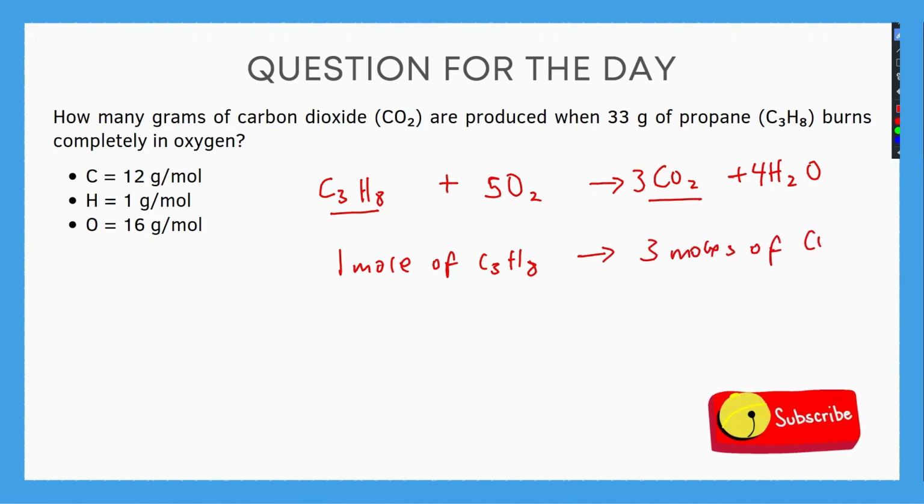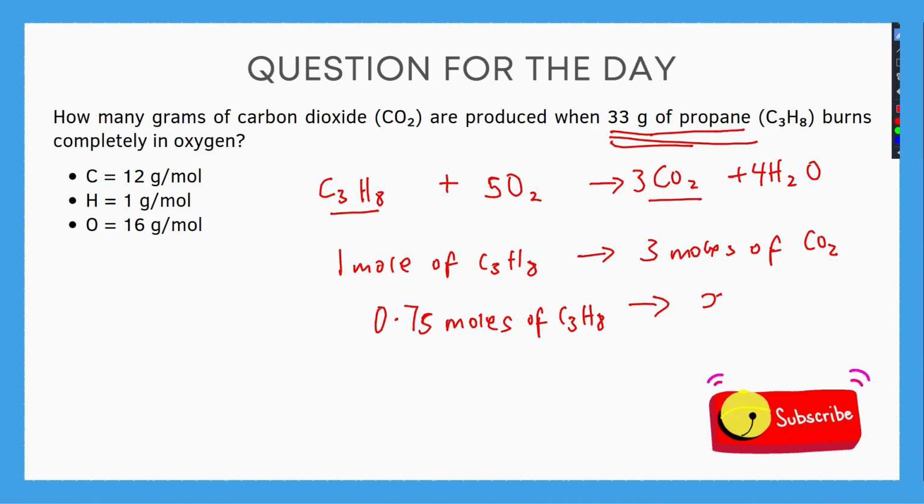So from the question, what will be produced when 33 grams of propane, which we've converted into 0.75 moles? 0.75 moles of C₃H₈ will now produce X moles of CO₂.